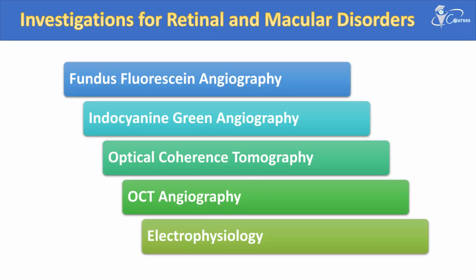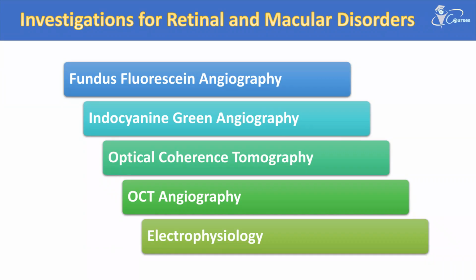It will be anything from fundus fluorescein angiography to indocyanine green angiography to optical coherence tomography, OCT angiography, and electrophysiology. However, the good news is that for OCT angiography and electrophysiology, there won't be an image that you should be asked to interpret.